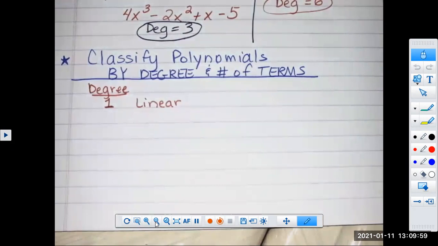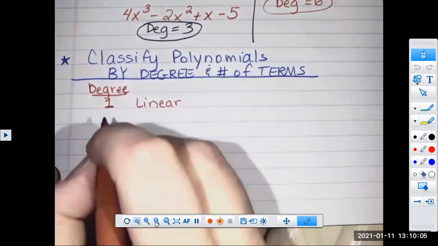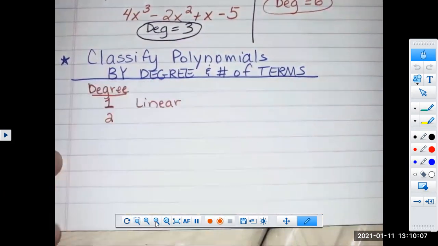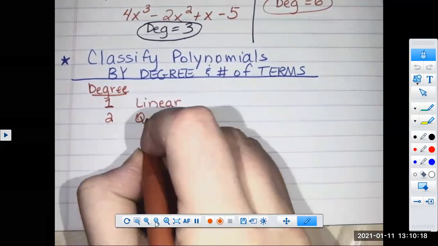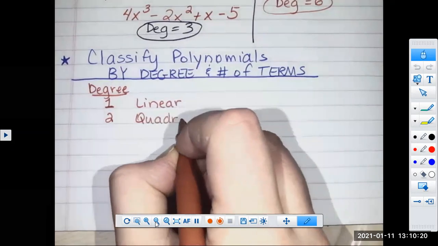So if you just see 3x plus 5, you're going to say that is a linear polynomial. What if your exponent is 2? Highest exponent is 2. We studied these in chapter 4. Good, quadratic. I thought that meant 4.